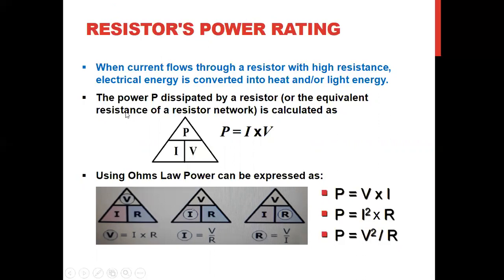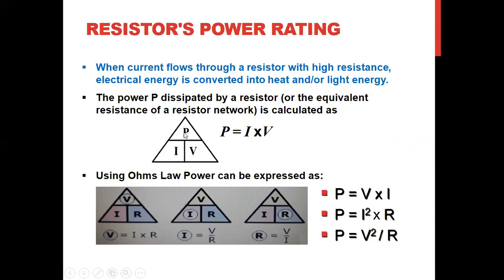Now, the power dissipated or consumed by a resistor or equivalent resistance in a circuit or network can be calculated as P equals I into V, or we can use this triangular formula to make it easy.